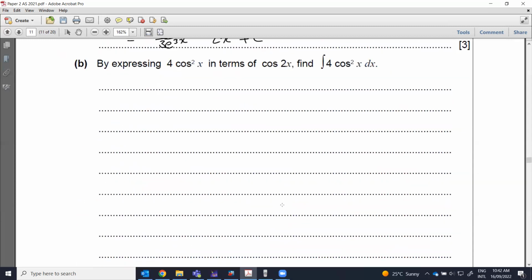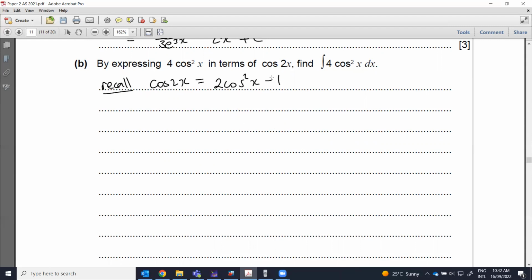Okay. By expressing 4 cos squared x in terms of cos 2x, find the integral of 4 cos squared x. So you need to recall, I think this was also part of the list of formulas given at the back of the paper, that cos 2x is 2 cos squared x minus 1.